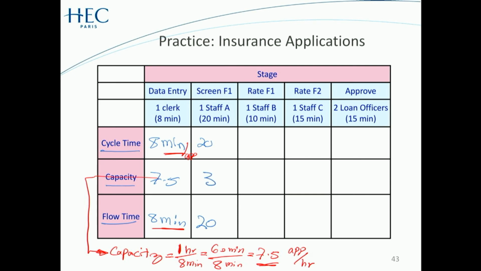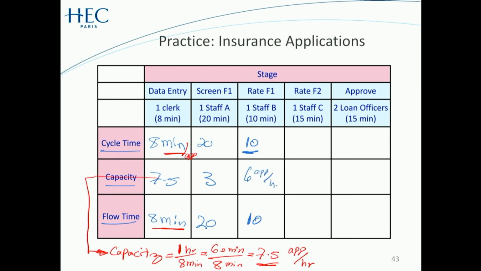For the second step for Forms 1, the one that Staff B does, every 10 minutes we have 1 application coming out, and therefore the flow time for that process is 10 minutes as well. Because every 10 minutes we have 1 application coming out, the capacity is 6 applications per hour.